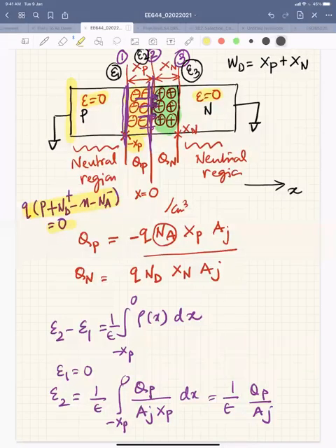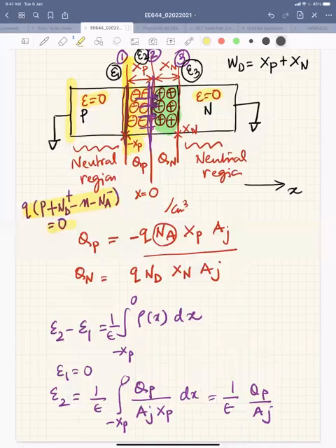The moment I reach the left hand side depletion edge, before that I do not have electric field, and at that point, let's say the electric field is E1. So the Gauss law, which we also discussed.